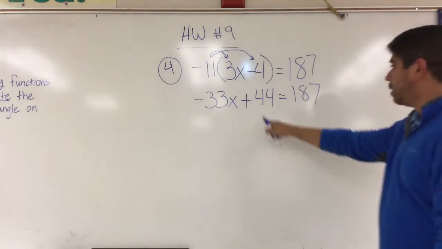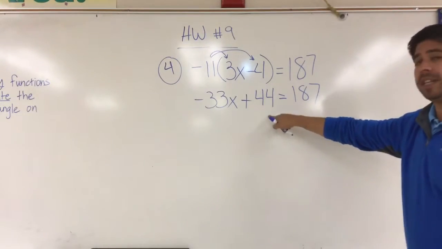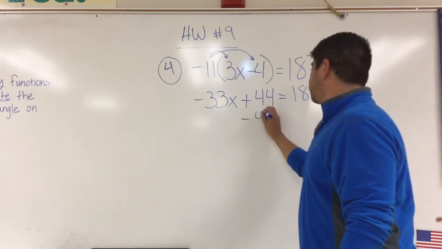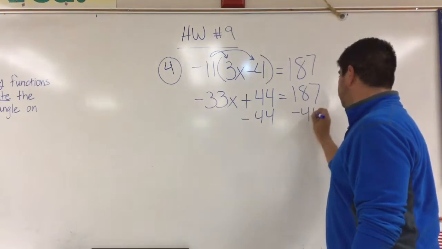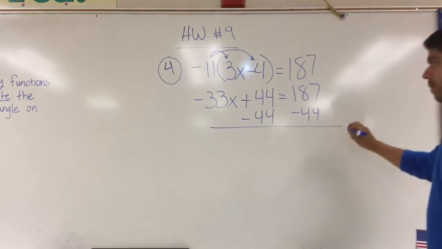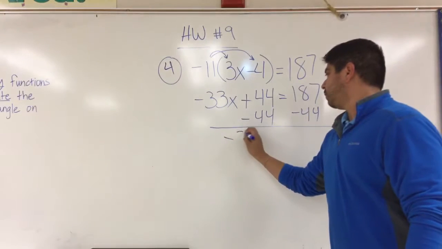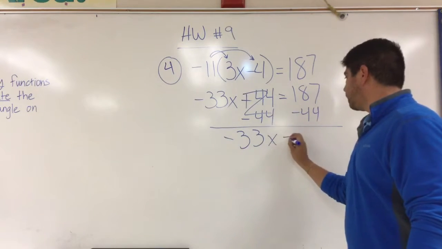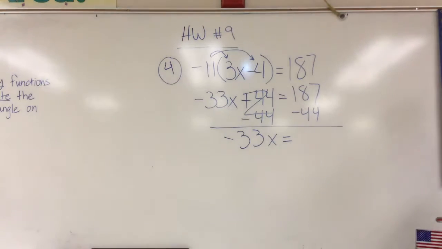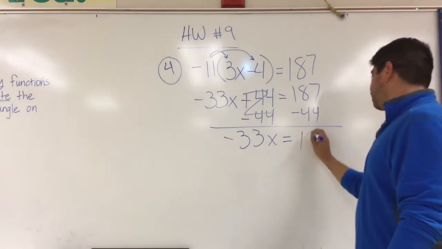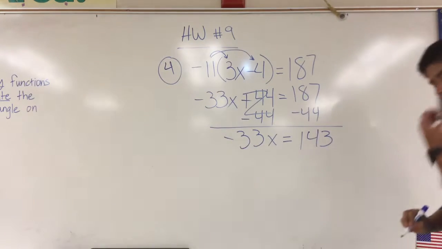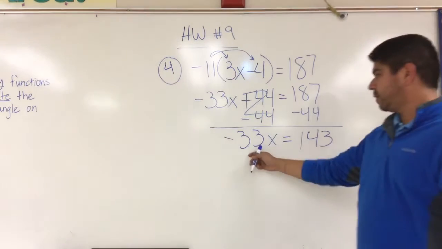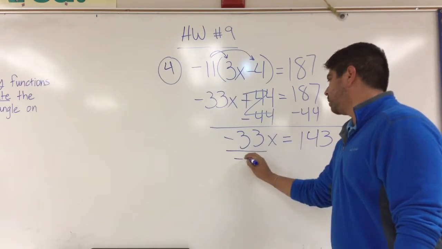All right, so I take this 44, make the inverse of it, okay, to get this by itself. So -44, -44, make my line. So I'm left with -33x. This zeroes out, equals 187 minus 44 is 143. Okay, so once I have the coefficient with the variable, all I do is divide by that coefficient.